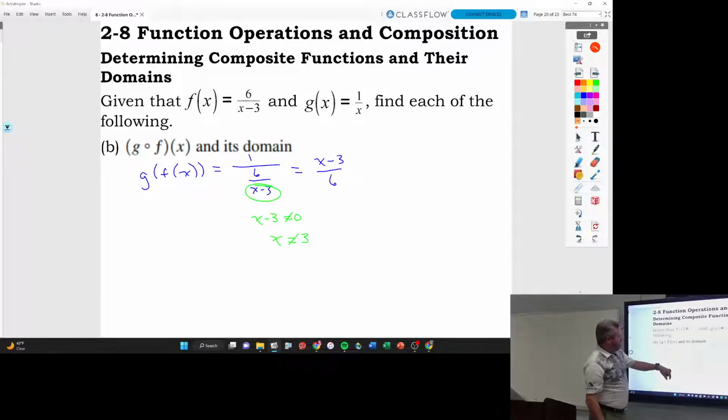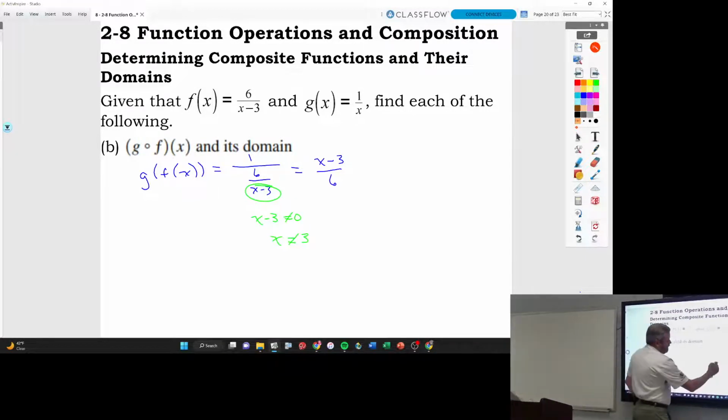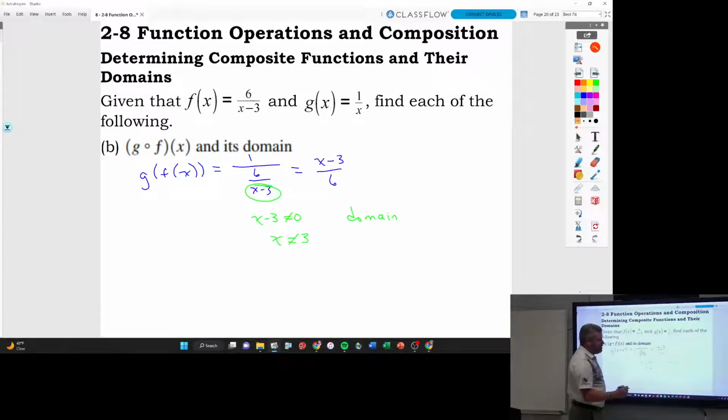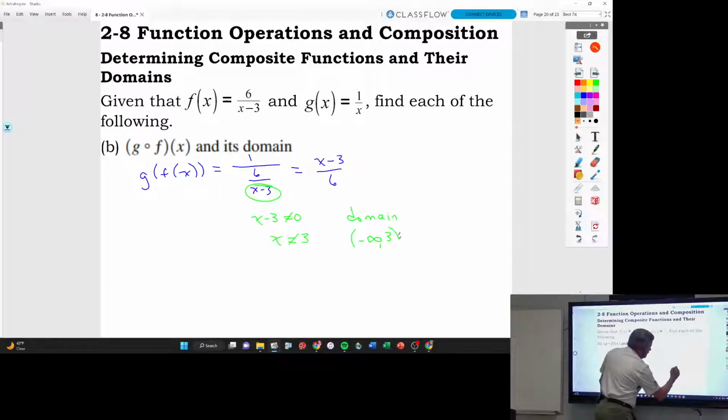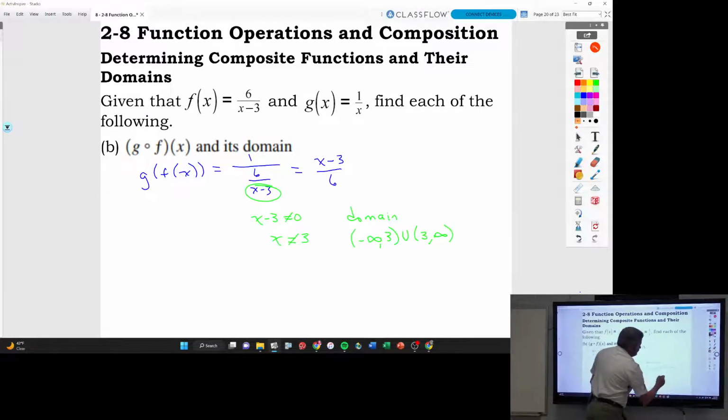And that comes from the f function. You cannot plug a 0 into the f function to begin with. And so as long as I don't plug that in, then I'm not going to get an illegal value for g of x. So the domain for this guy is anything but 3. So it's going to be negative infinity to 3 union 3 to infinity.